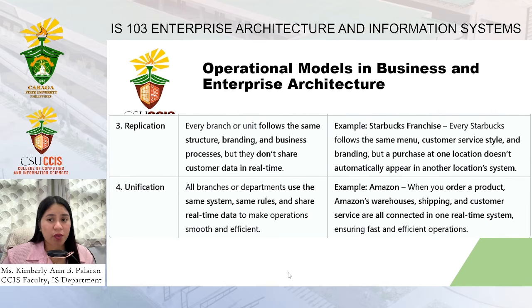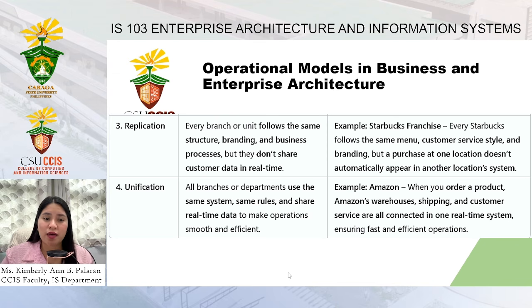The next one is replication. Simple ra kayo iyang concept because every branch or unit follows the same structure, same branding, same business process, but they don't share customer data in real time. So example for this are the fast food chains, like here, Starbucks franchise. Every Starbucks follows the same menu, same customer service style and branding, but a purchase at one location doesn't automatically appear in another location's system.